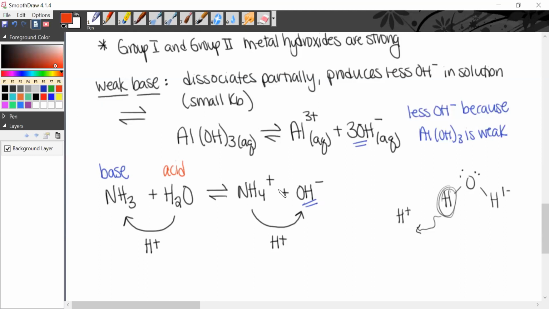So over on this other side, the NH4+ is behaving as an acid, but we're going to call it the conjugate acid. I'll just abbreviate. And the hydroxide is the conjugate base. And just like we had before, we have these conjugate pairs, okay? So NH3 is the base, its conjugate acid is NH4+. That is your conjugate acid base pair.